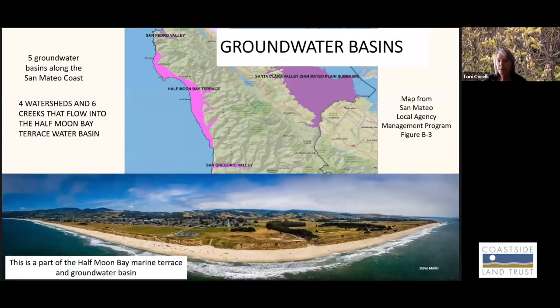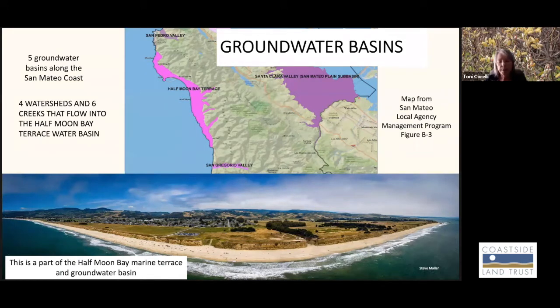This is an aerial drone photograph taken by Steve Mahler, showing part of our Half Moon Bay marine terrace and water basin. The whole of the Half Moon Bay Terrace groundwater basin surface area is 14 square miles. It includes 4 watersheds and 6 creeks that flow into the Half Moon Bay Terrace water basin.